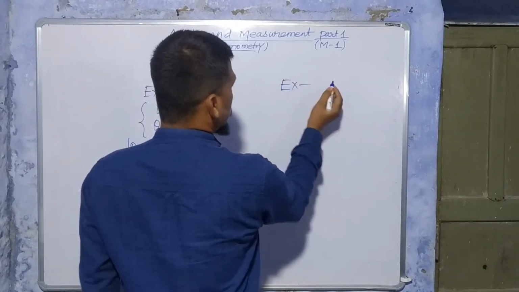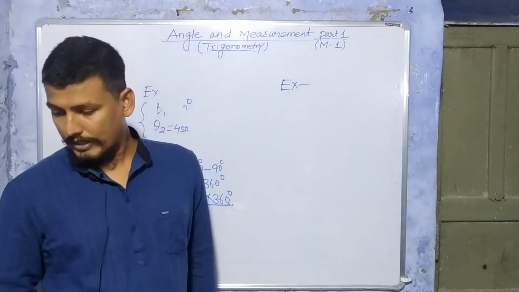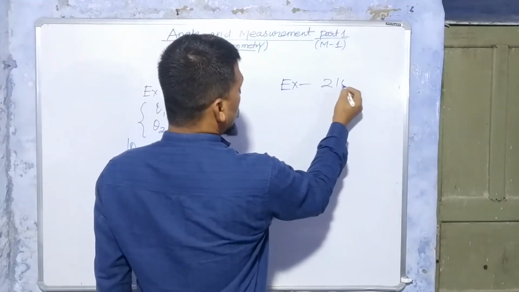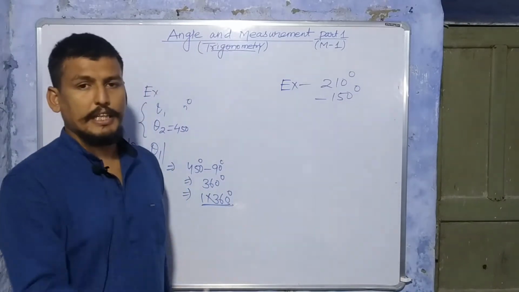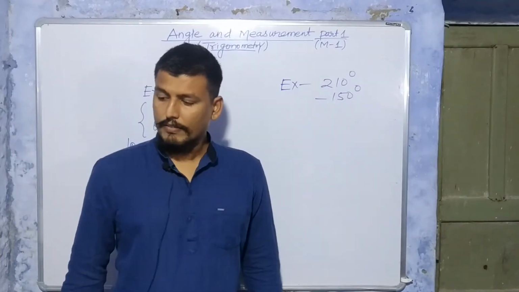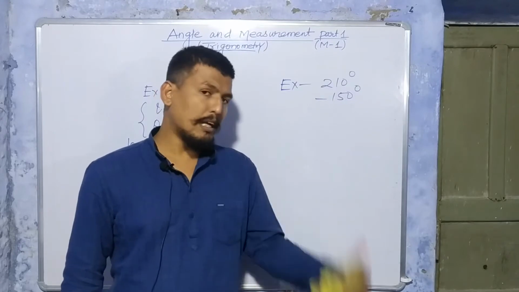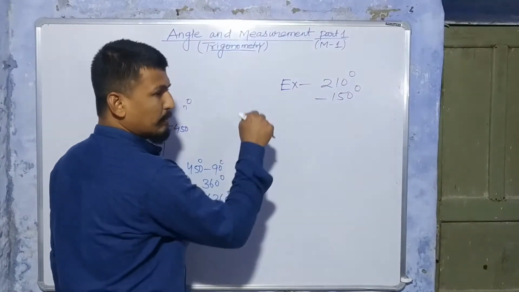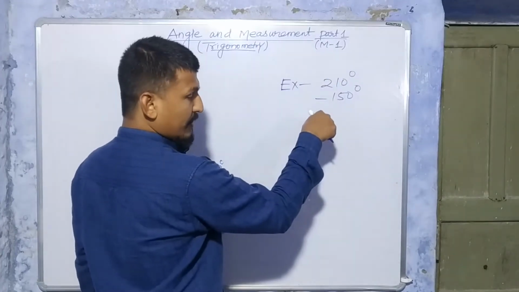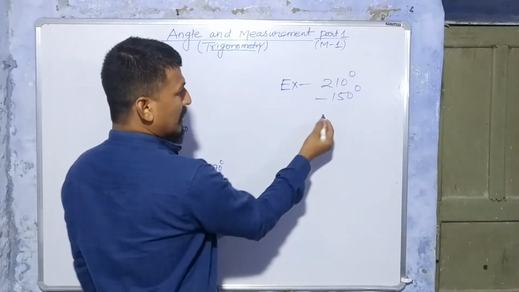See here, the example: the first angle is 210 degrees, and the second is minus 150 degrees. You have to check whether the following pair is co-terminal or not. What we have to do is find the difference, greater minus smaller.